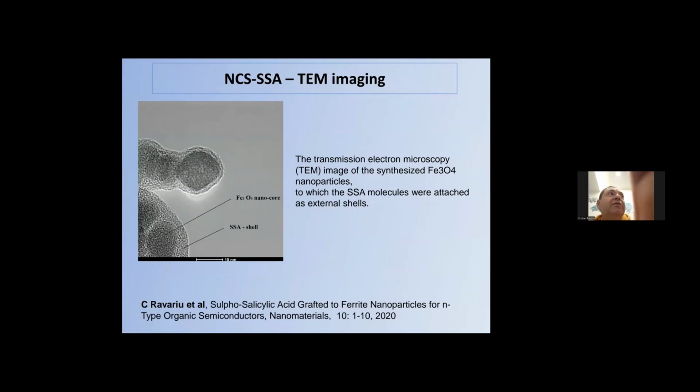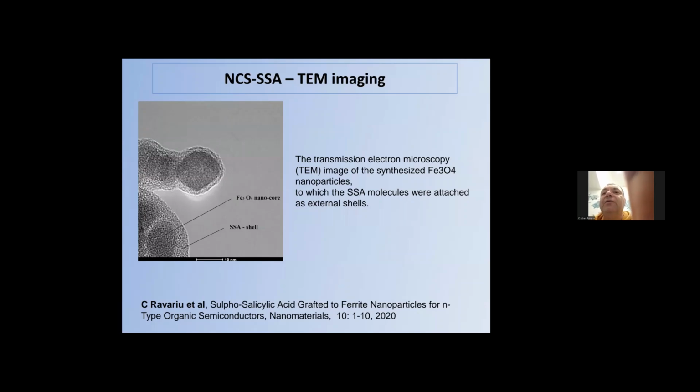Also, considering the characterization of these materials, you see here a transmission electron microscopy TEM image of the synthesized ferrite nanoparticles, which you see, for instance in this picture, as a black dark region.